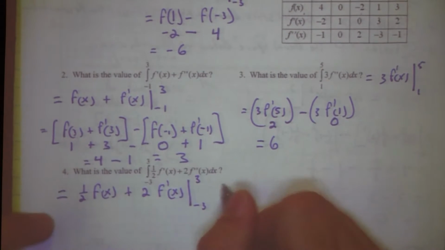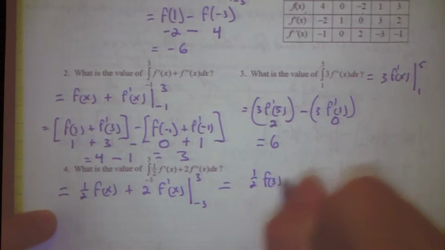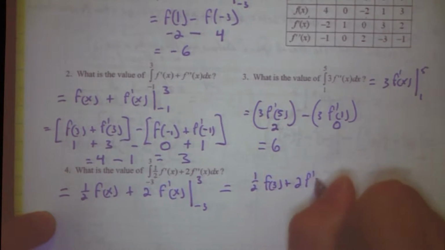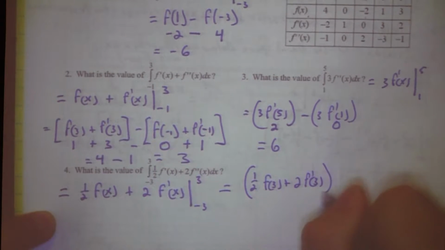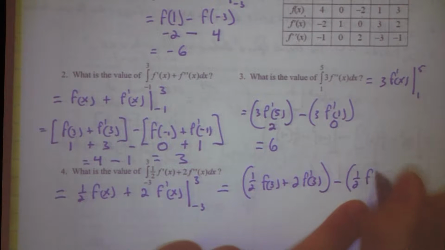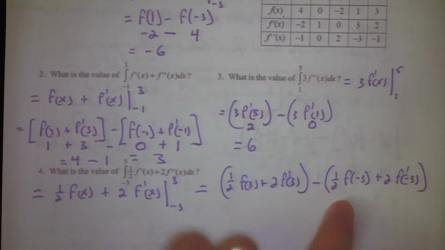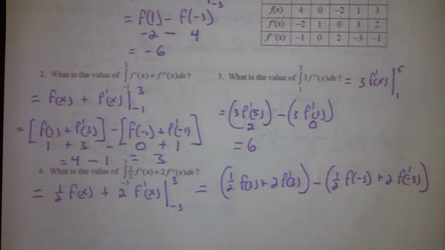So let's set it up. 1/2 f of 3 plus 2 f prime of 3 minus 1/2 f of -3 plus 2 f prime of -3. Okay, here we go.